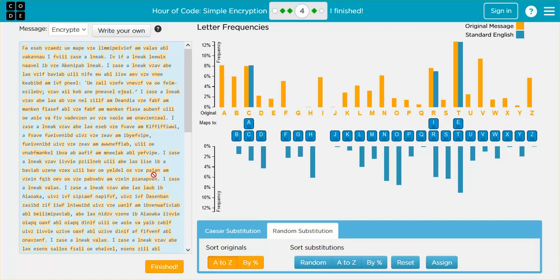Another thing that I do is look for patterns of letters. I notice that here we have VZE. VZE also appears right there and there. I'm guessing that that's a very common word like the. Let's see if maybe V could stand for T. So again, T is a pretty common letter.